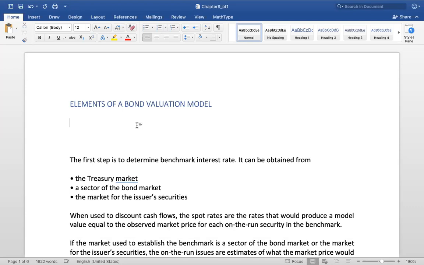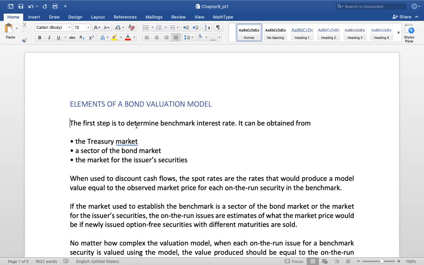The first step is to determine the benchmark interest rate, and the benchmark interest rate for a bond can be obtained, as we know already, either from the treasury market, from a sector of the bond market, or from the market for the issuer's securities, the issuer for which we are valuing this particular bond.